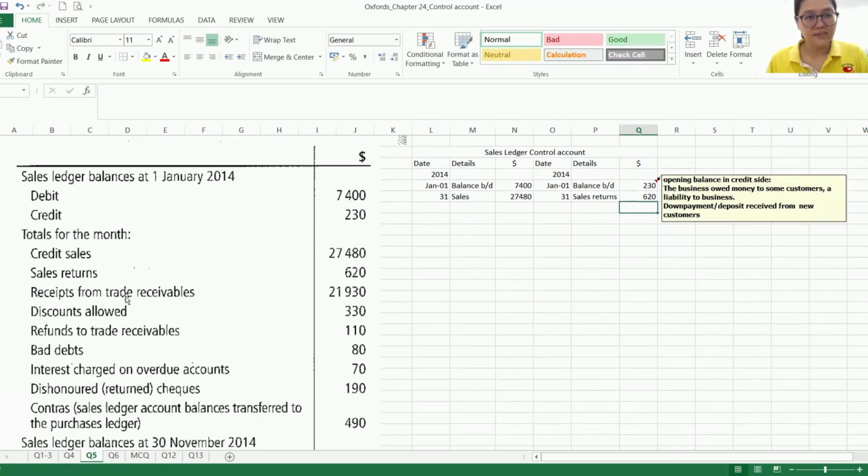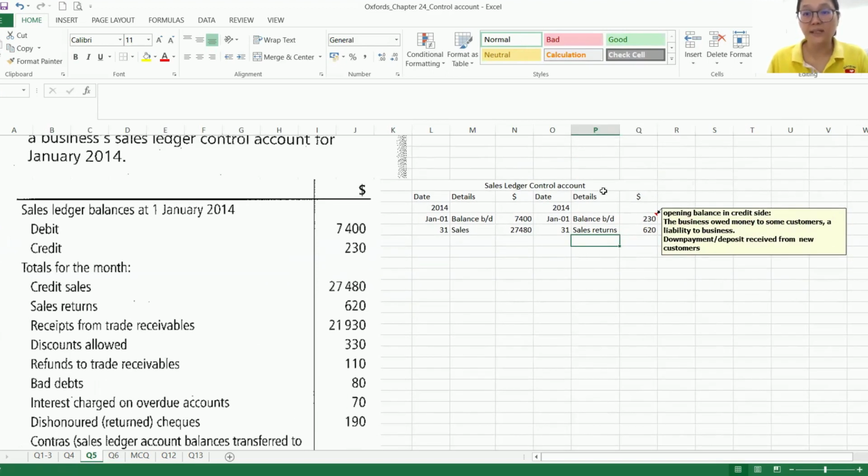Next is receipt from trade receivable. Receipt means receiving money, the customer pays money. Customer payment is on the credit side because the customer is giving out. Because it's a big amount, we put bank, but if they didn't indicate it, you can put cash as well. Next is discount allowed. Discount allowed and the bank always go together. So discount allowed.